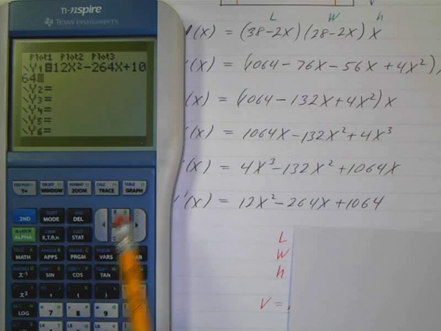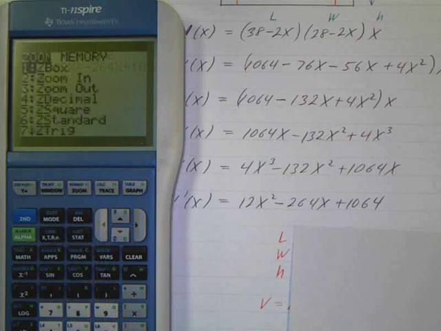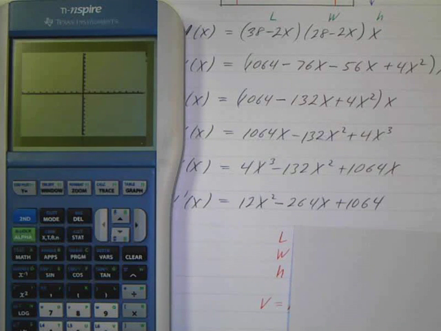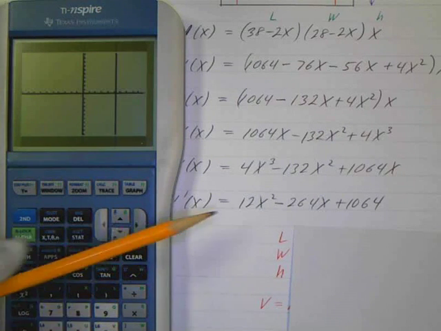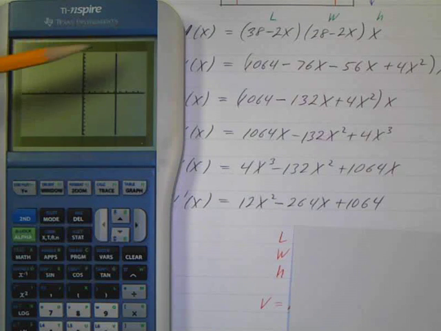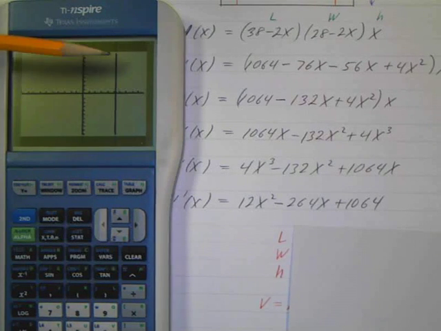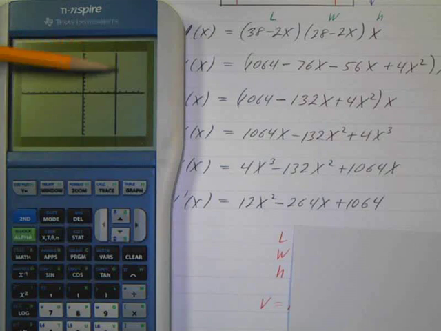All right, so let's go to zoom 6 so we can graph this. And there's our derivative. Now remember, our derivative is shaped like a U, so this is probably the left branch of the U. Hopefully we'll see that this is going to be positive to negative, going from left to right.